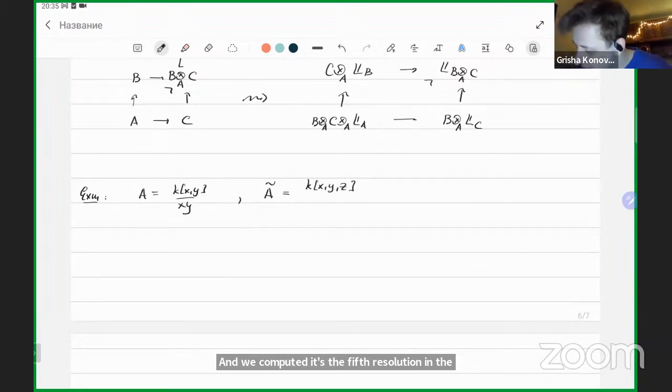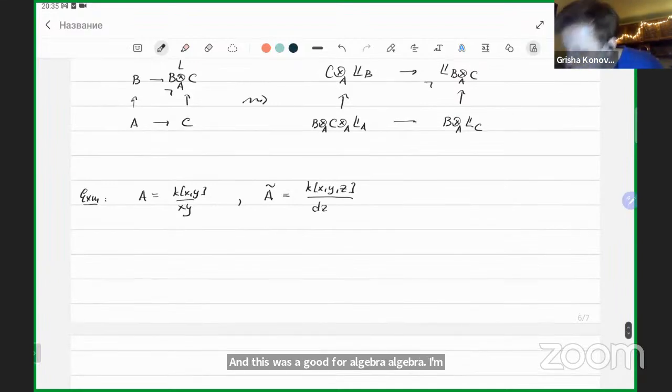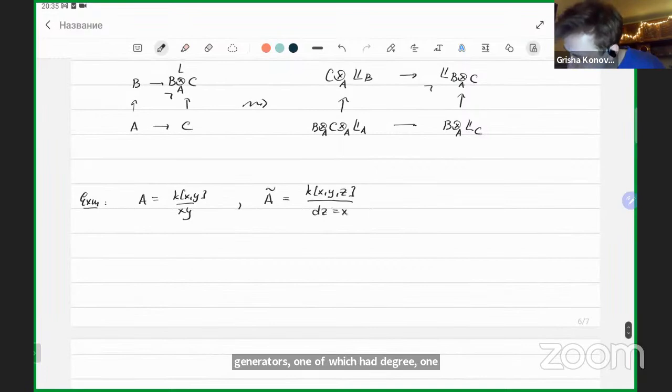And this was a quasi-free algebra on 3 generators, one of which had degree -1, and the differential on that variable was given by x times y.